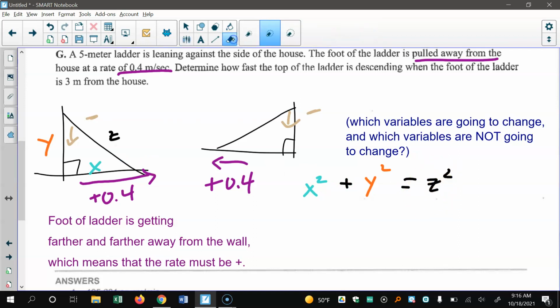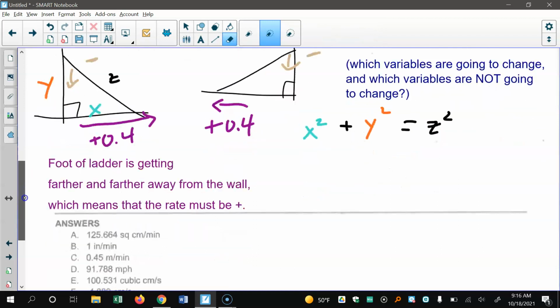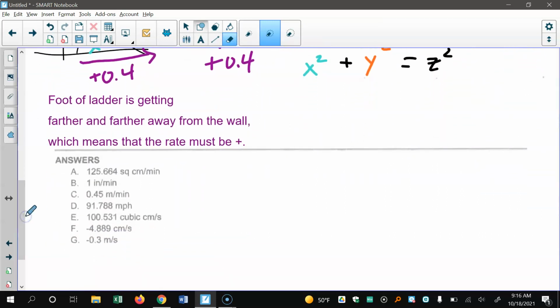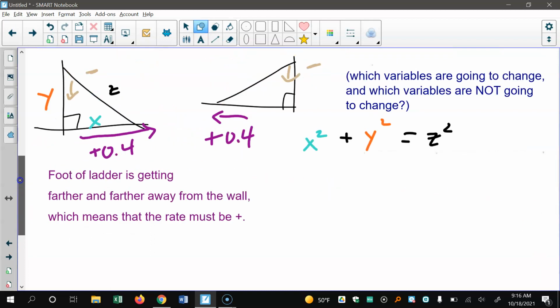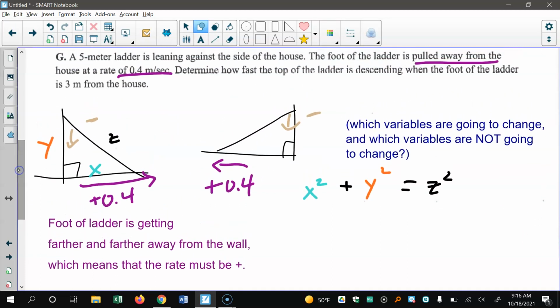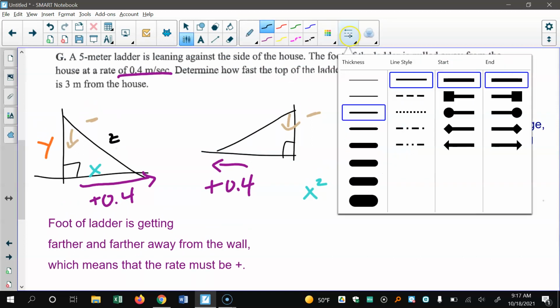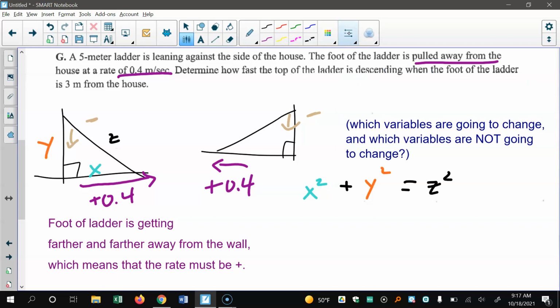What I'm going to do here is first of all set up my numbers. x is 3 meters. y, I don't know. z is 5 because that's the length of the ladder.